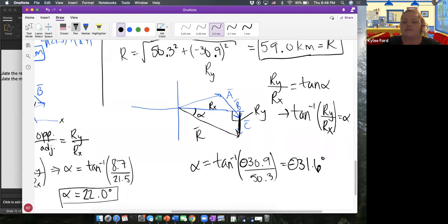This negative, let me explain that. This is going to tell you the direction in which your angle is being measured. We start at our x-axis typically, and usually we go this way when we are trying to measure angles.